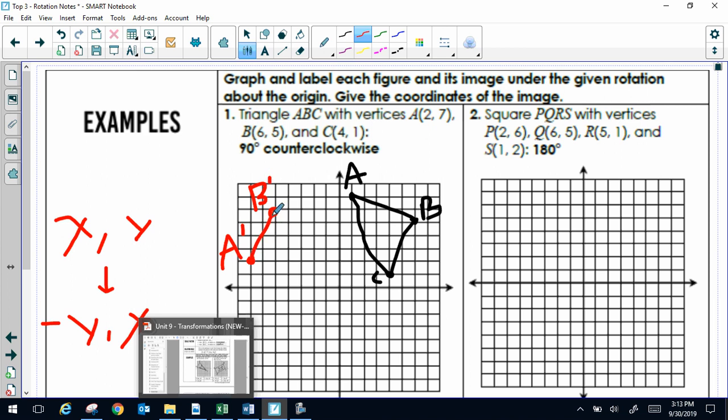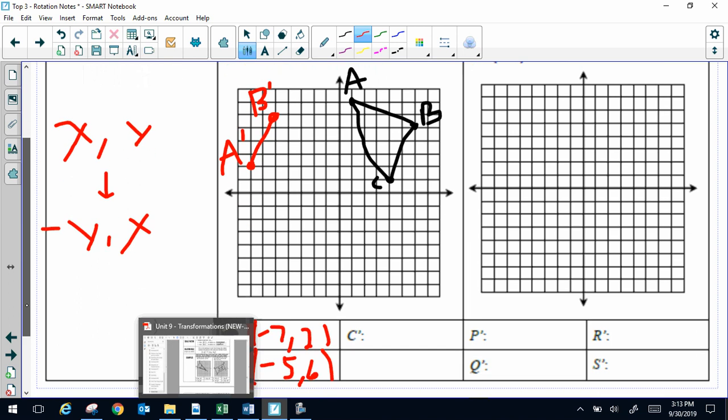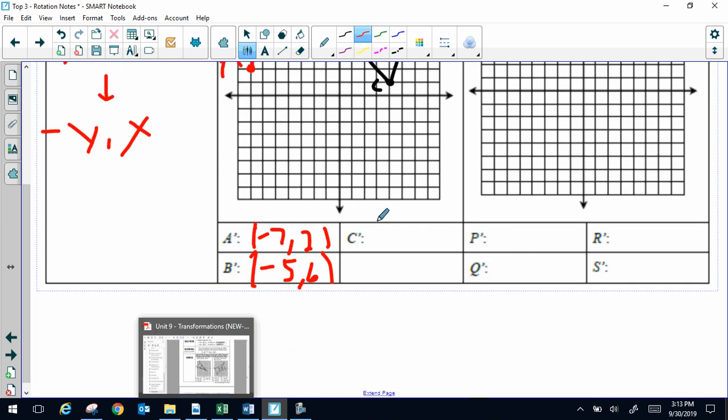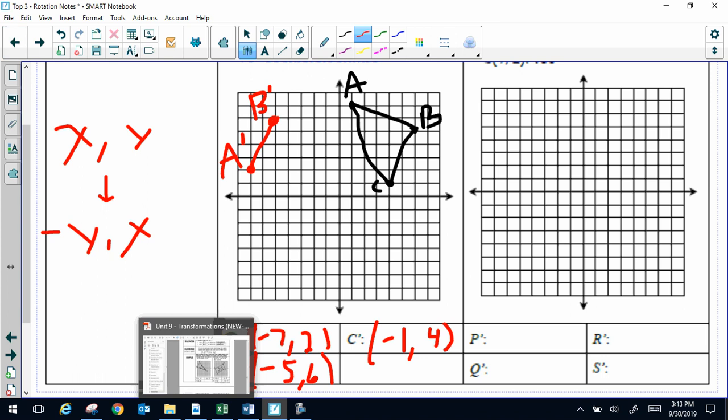And C would be at 4, 1. So when I switch them, it'd be at 1, 4, and then change the sign of the y, it would be at -1, comma 4. So when I plot that, here's my C. And what you can see is that this triangle has clearly turned in its own direction.